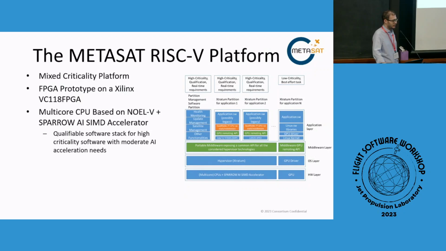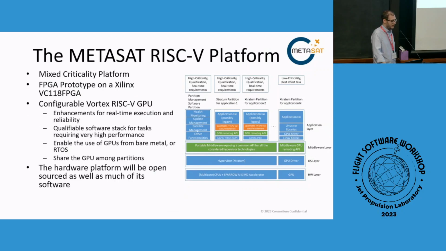And the idea of this multi-core will be to accelerate high criticality software with moderate AI acceleration needs, with low latency, and through a qualifiable software stack. On the GPU side, we are going to have a RISC-V based GPU, which is called Vortex.